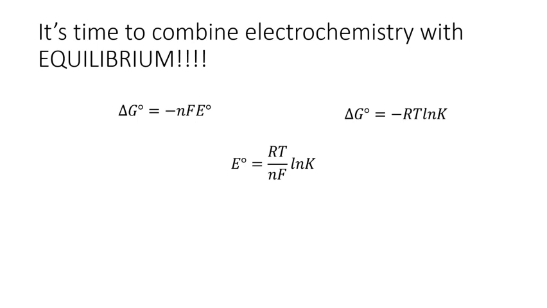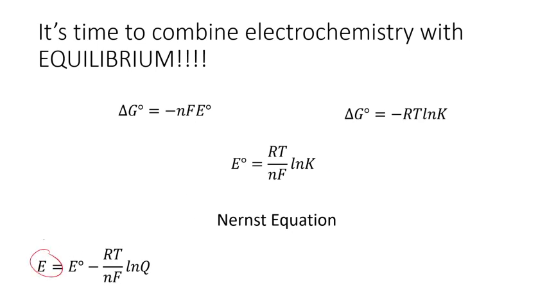Fantastic. Say, how could this possibly get any better? Well, by introducing the Nernst equation. That's how. Because in the Nernst equation, we relate the non-standard cell potential, right? Notice that it does not have the little circle.